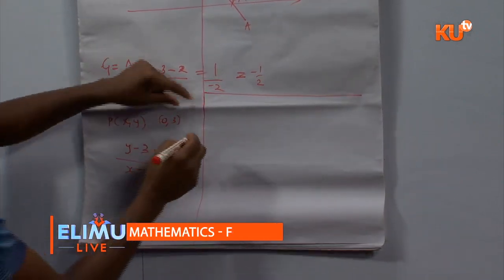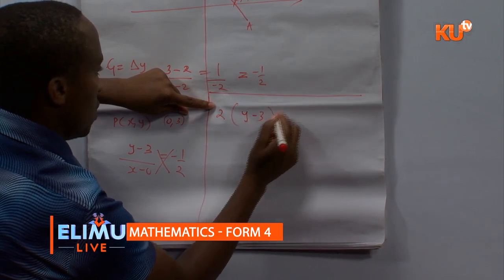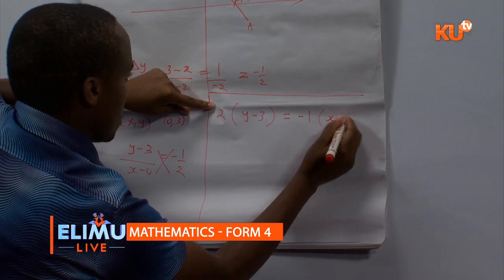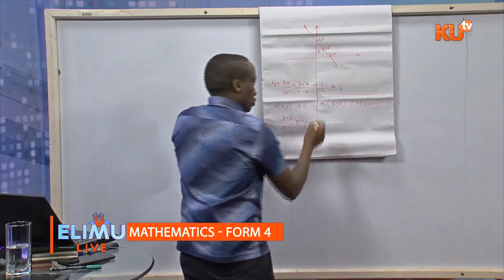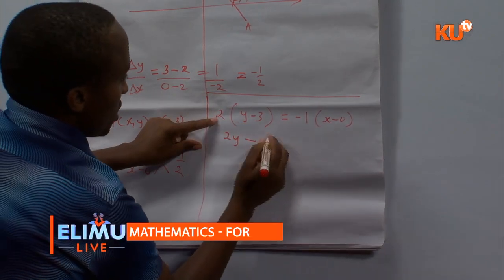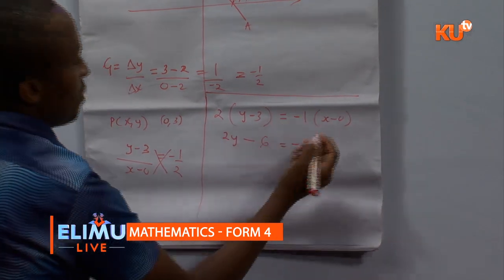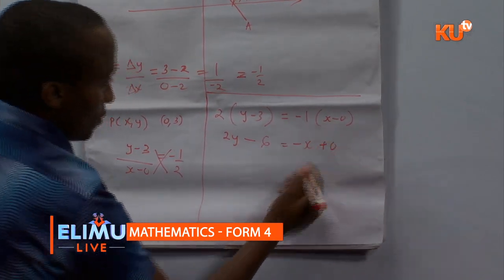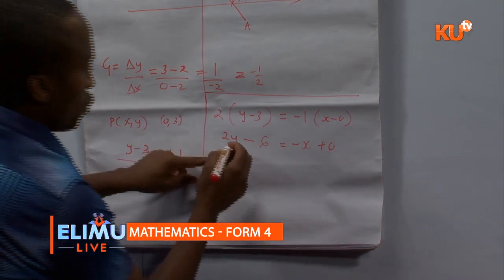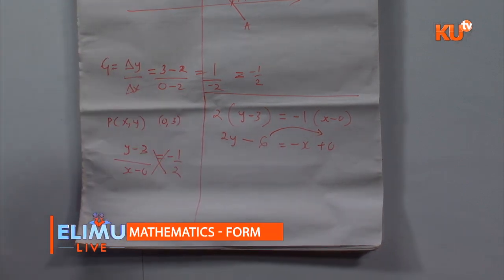Allow me to do this here. So it will be 2 times (y minus 3) is equals to negative 1 multiplied by (x minus 0). So, opening the bracket, this will be 2y minus 6 is equals to minus x plus 0, which you can just ignore because it is 0. So to make y the subject of the formula, you take the 6 to the other side.